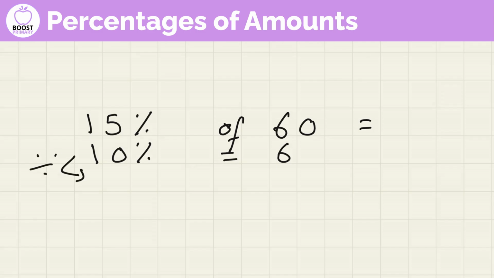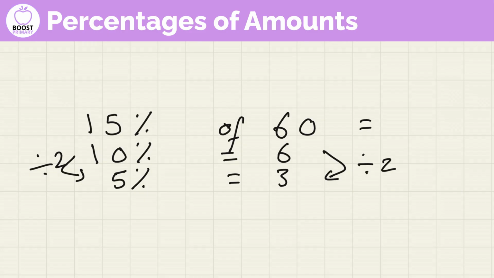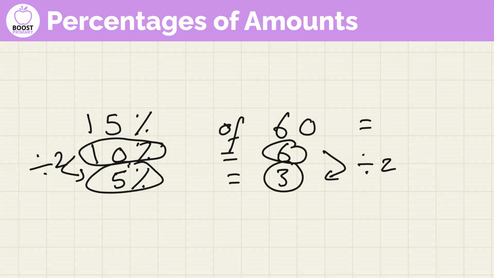We're going to scale downwards to get 5%. 10% divided by 2 is 5%. 6 divided by 2 is 3. If we put 10% together with 5%, we get 15%. So 6 add 3 is 9. So 15% of 60 equals 9.